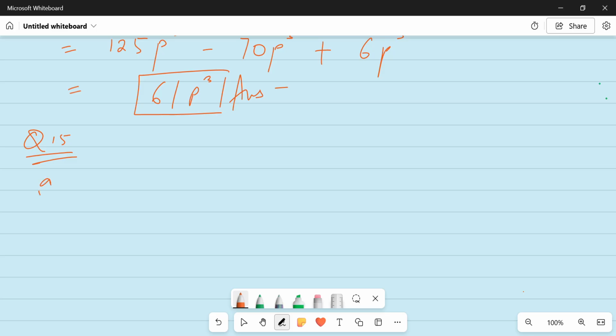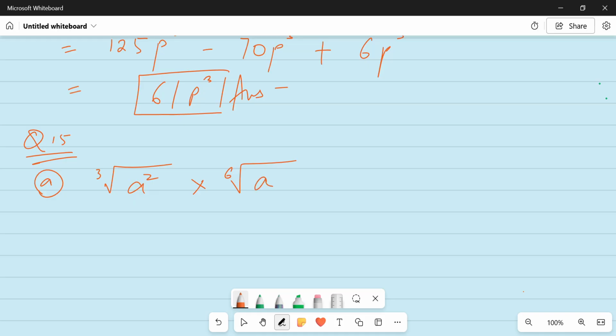I'm solving A1. This is a cube root. Inside the cube root, we have a squared, times another, we have the sixth root of a.